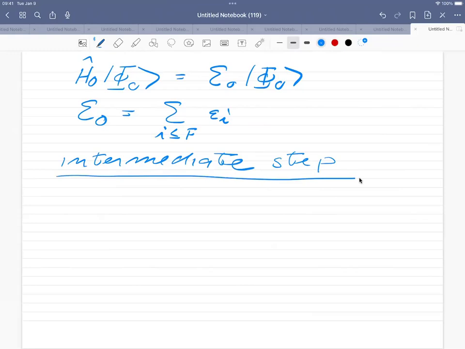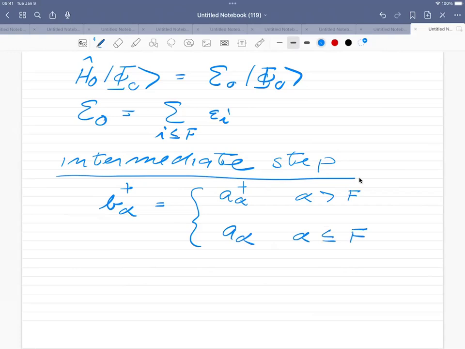So we are going to define a new set of operators, an operator B of alpha, for a given state alpha, which is defined as follows. In terms of the old operators, it's an A alpha if alpha is larger than the Fermi level, and it's a creation operator A alpha dagger if alpha is smaller or equal to the Fermi level.